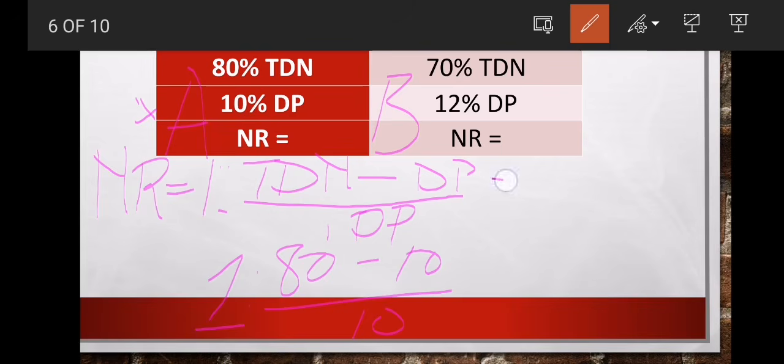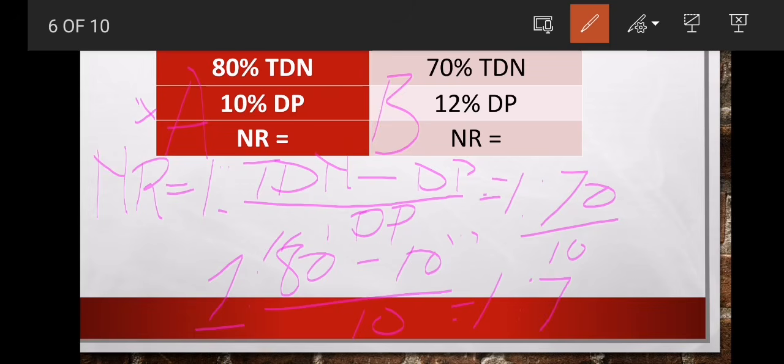Let's simplify, my people. 1 is to, you start by solving this one: 80 minus 10, you get what? 70. Divide by 10. Let's again simplify. This will be my final answer. 70 divided by 10, you punch your calculator and you get 7.